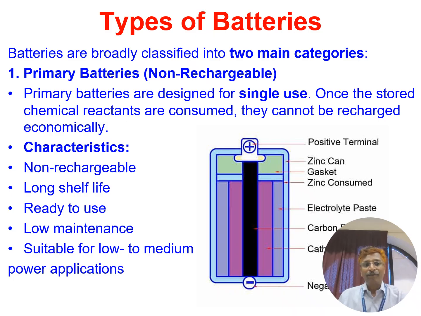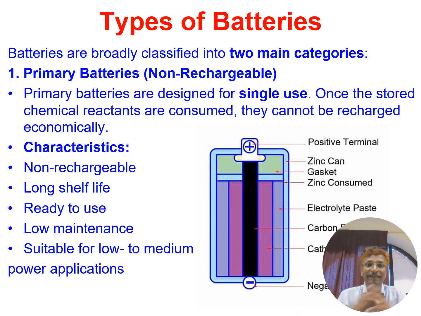Batteries can be broadly classified into two types: primary batteries and secondary batteries. A primary battery is non-rechargeable. These batteries are designed for single use.